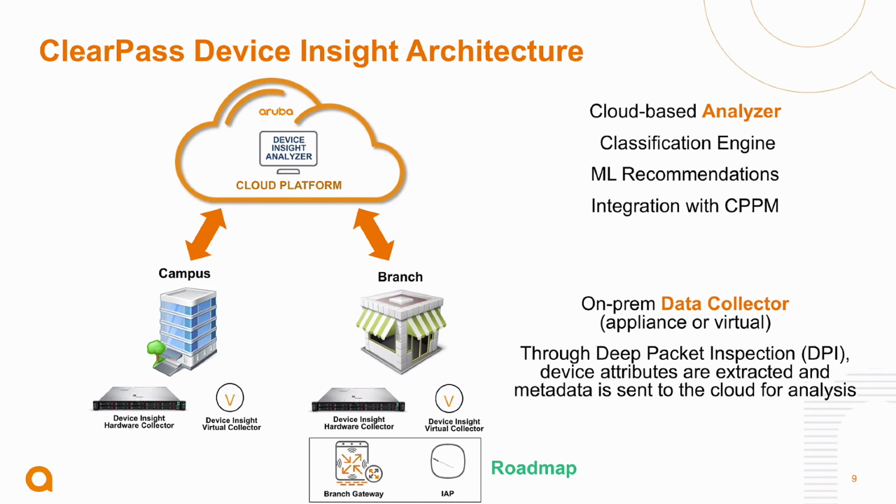So starting with Aruba Central 252, which is coming out in the very near term, either this month or next month, what we'll have is support for our Instant On access points, where just using the MAC address coming from these access points, we can now give you very good classification, both in terms of accuracy and coverage.